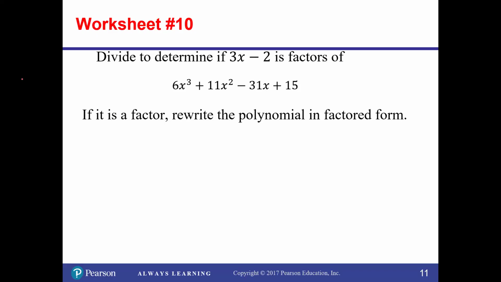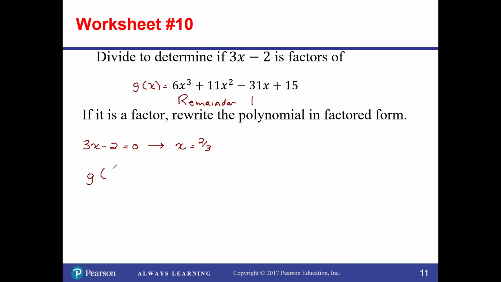All right, and then this one, when we had done it, we had a remainder of 1. So if I took 3x minus 2, set this equal to 0, x would be 2 over 3. So let's pretend this is just a function g of x.